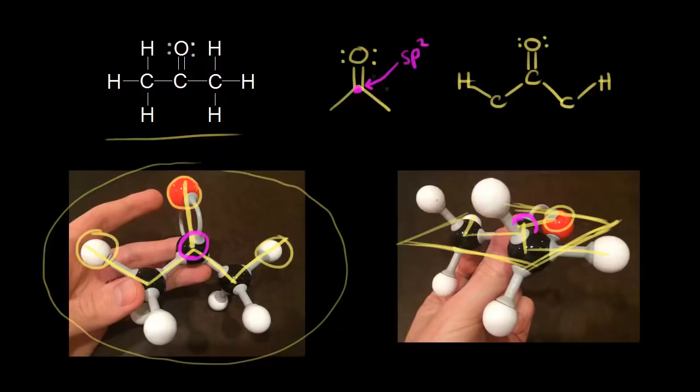So trigonal planar, we would expect everything to be planar. So the atoms connected to the carbon in magenta, we would expect those to be in the same plane. And it's a little bit easier to see that on the right here. So these carbons and this oxygen are all in the same plane. We have sp2 hybridization.